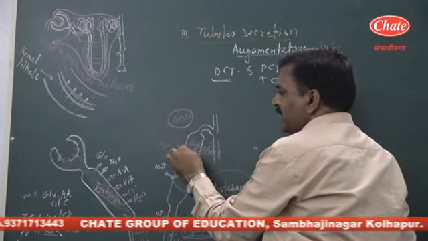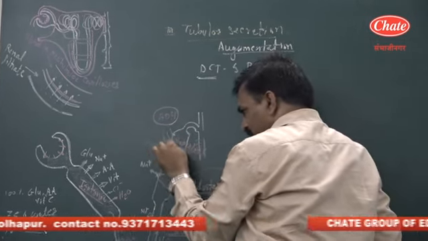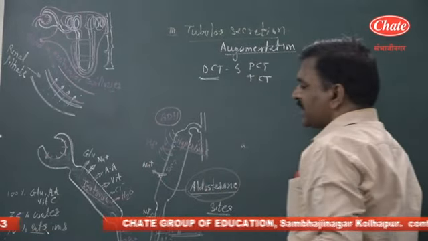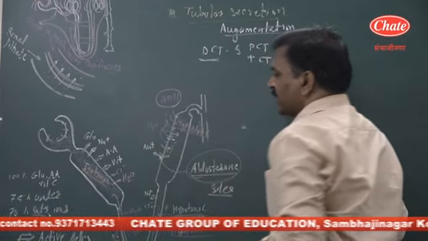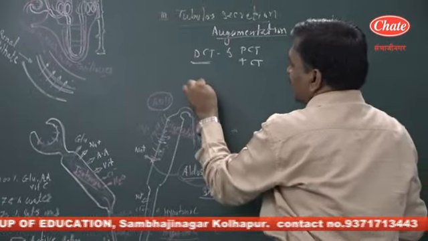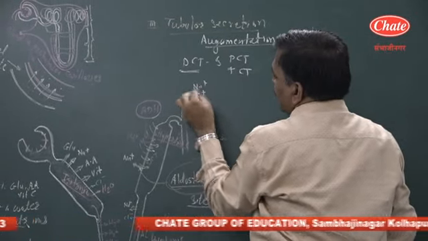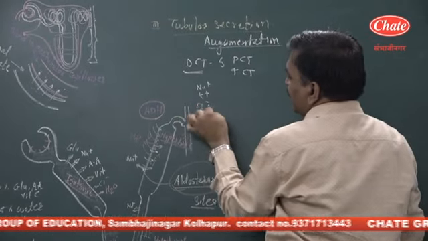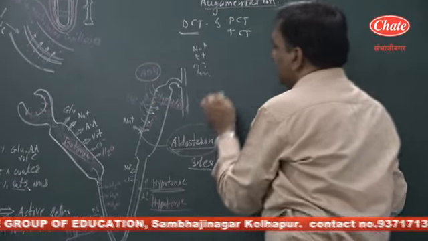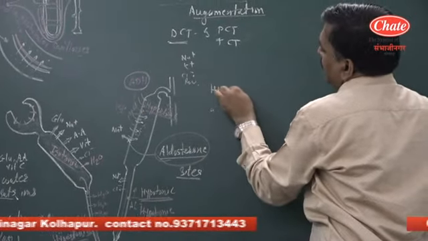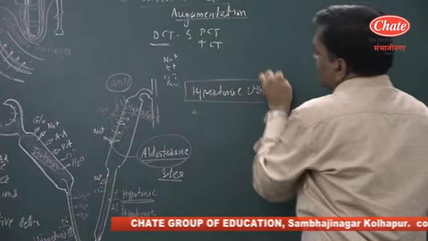The cells of the DCT and collecting duct capture these substances and secrete them again into the lumen of the distal convoluted tubule: substances like some Na plus ions, potassium ions, Cl minus ions, and penicillin-like content. These substances are secreted again into the filtrate, and as a result we observe hypertonic urine. So generally the urine produced is hypertonic.